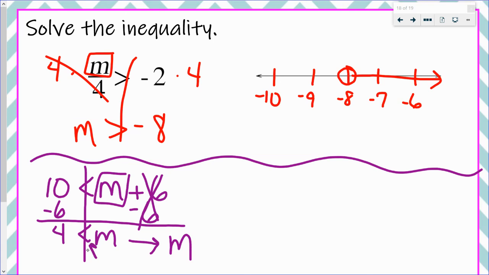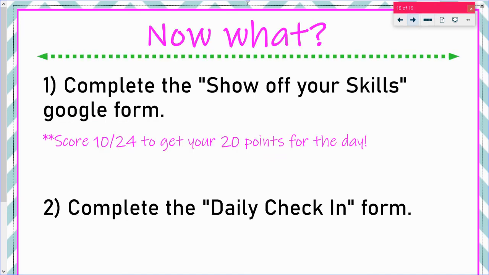Notice how the opening is to the m, so I'm going to put the opening to the m. And then I'm going to put my 4. So if you ever notice the variable comes second, on the right-hand side, my recommendation would be to just solve it, and then rotate it around so the variable comes first. So now what?